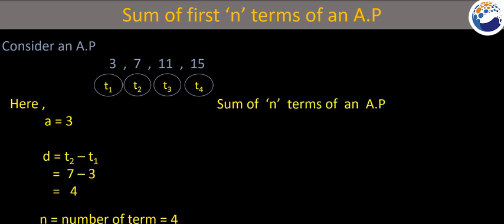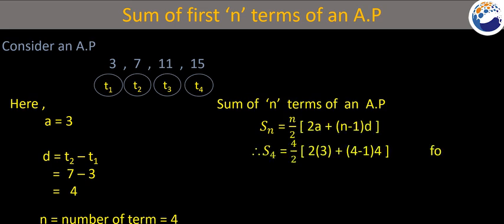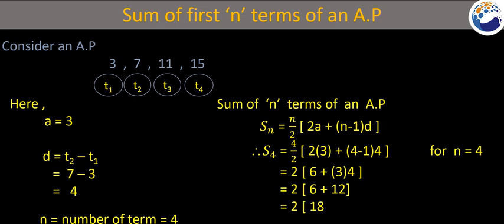Substituting the values in the formula Sn is equal to n upon 2 into 2a plus n minus 1 d, we get the same value, that is 36.